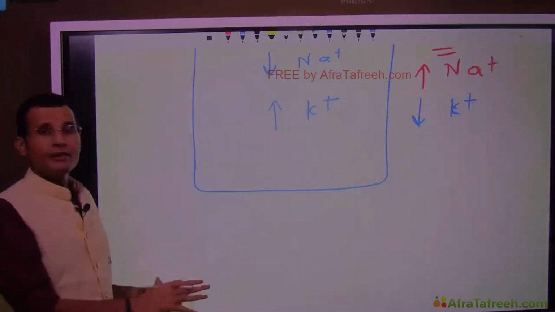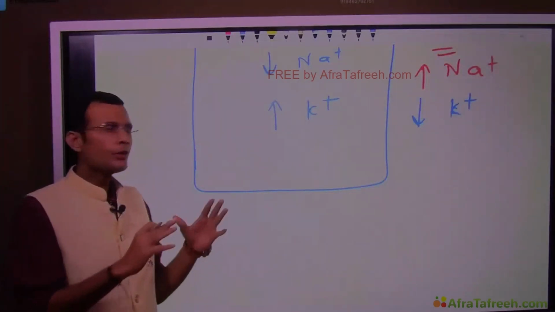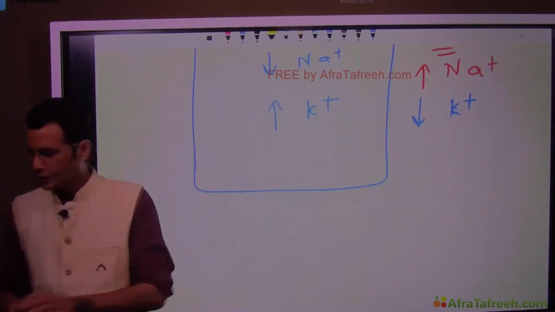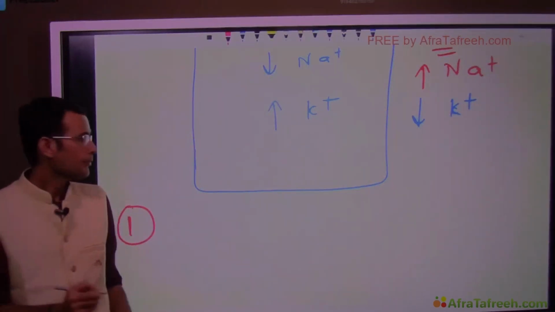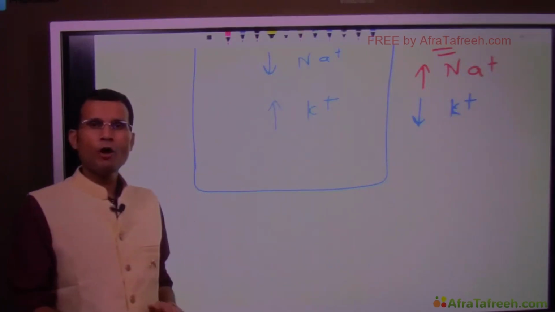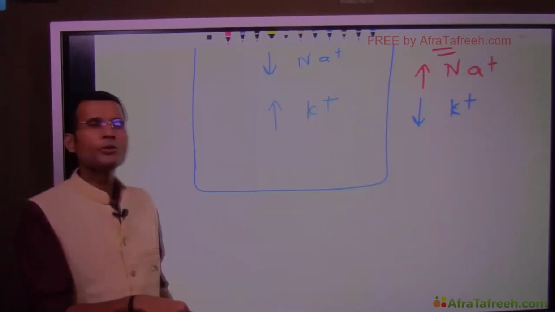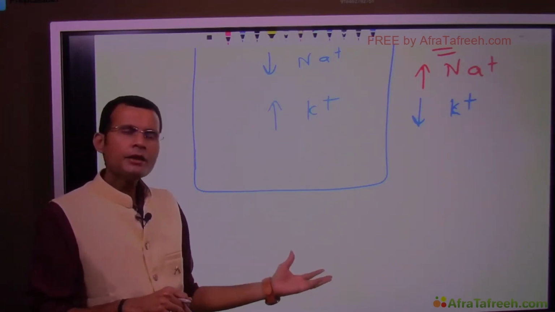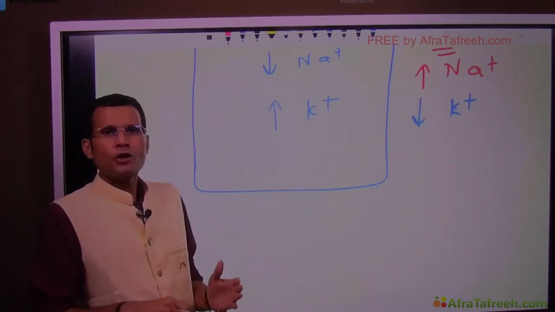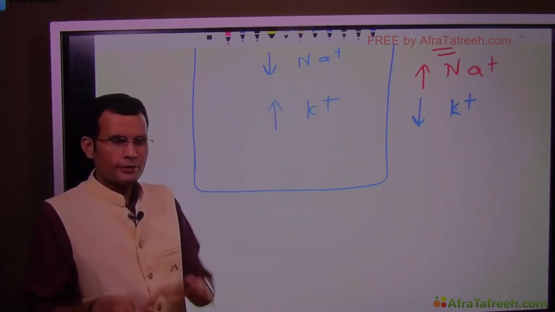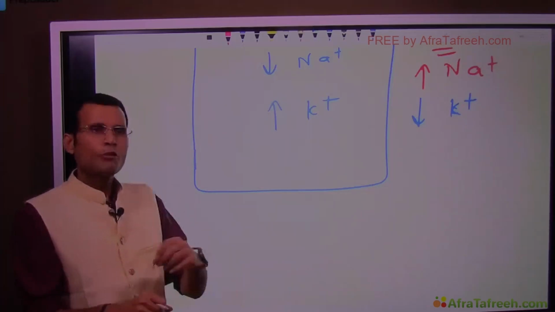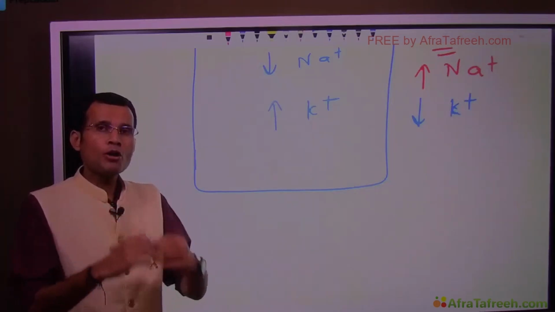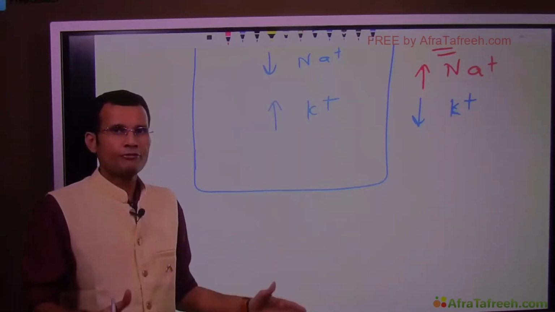Now based on this, I need to tell you three important points. First point, let me tell you this in the form of an MCQ. There was an MCQ in one exam in the INI. The question was, which of the following body fluids is actually an ECF, but more resembles ICF?